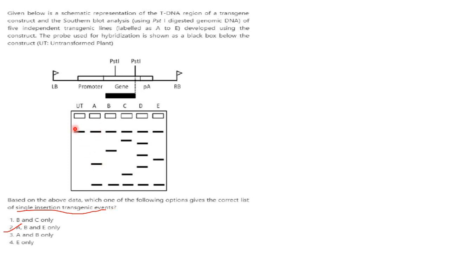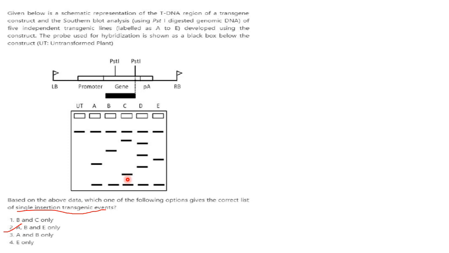Now if you see this diagram, the bands are not variable, but the ones in between are variable. So we will see the ones which are in between these two bands. So A is having a single copy insertion. B is also having only a single band, so single copy insertion.